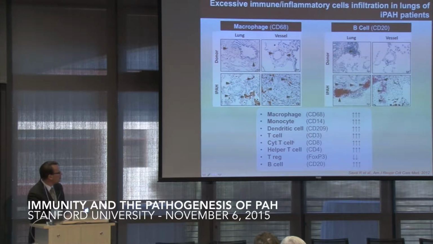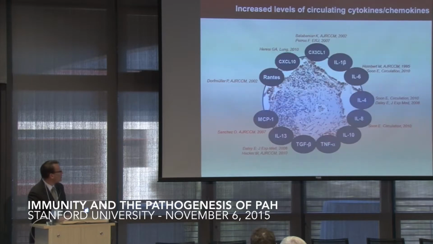Monocytes, dendritic cells, T cells, cytotoxic T cells, helper T cells, and B cells. The only cell which was down-regulated in this pathology descriptive study was the FOXP3 Tregs. So interestingly, the only one which was down was the regulatory T cells, and it echoes what Marc said before.